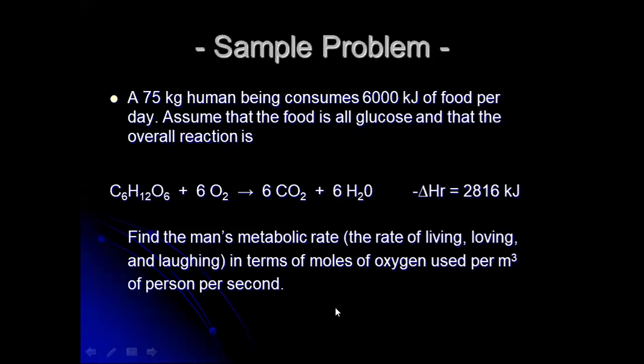Okay, so your given in this problem will be, of course, the mass of the human being, the amount of food that it consumes, and this particular stoichiometric equation. So we need to write all of this in our solution. So let's start with the given.